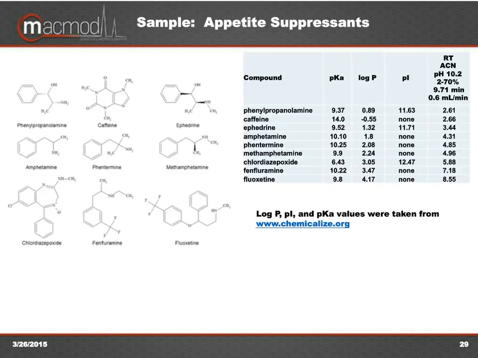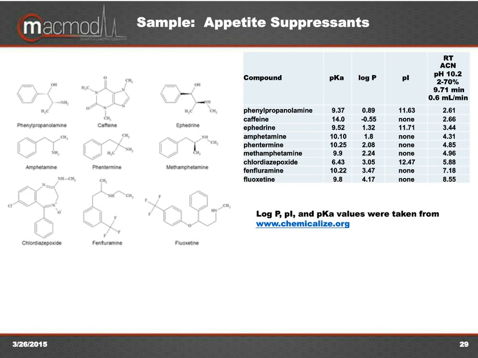These are the structures of the compounds, and you can't see them as well as I could on my PowerPoint slide, but they're shown here, and you'll be able to see them in the PDF. In the table on the right, I have listed the pKa's, the log P's, and the pI's for the various compounds if they have them, as well as, in the last column, the retention time with acetonitrile and the pH 10.2 buffer with ammonium acetate adjusted with ammonium hydroxide on the 2.1 by 50, with the conditions shown there.